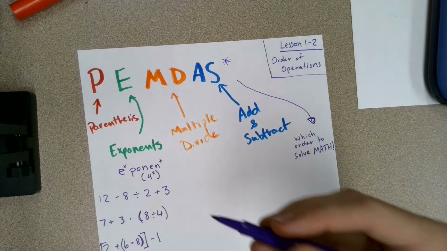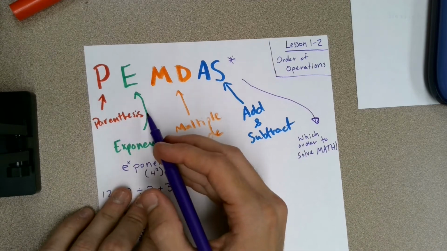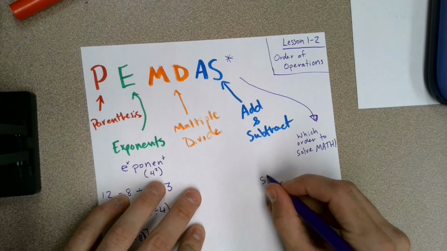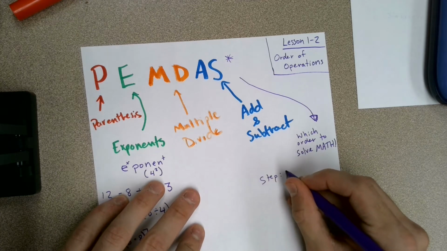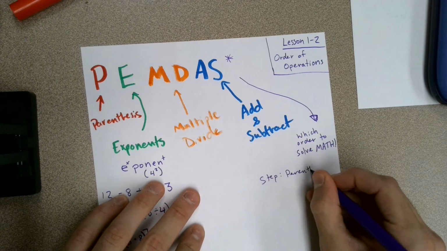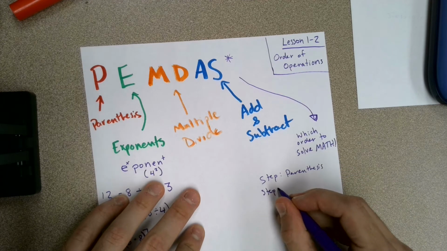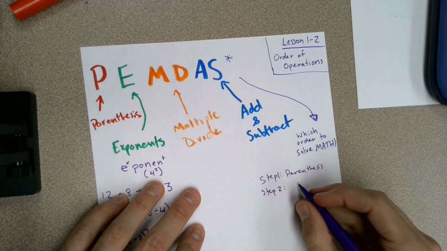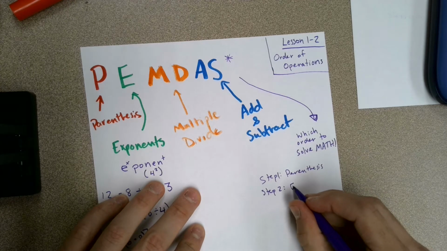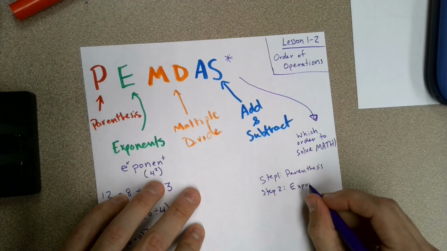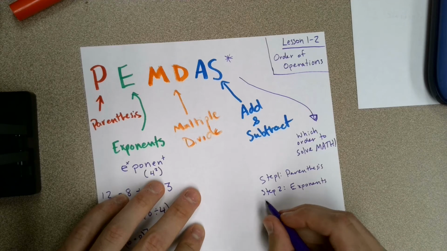So the first thing you do is you solve the parentheses. That's the first step. Step 1, parentheses. Solve them. Step 2, exponents. Solve them. Today we're not going to be doing anything with exponents, so we'll skip that step mostly.